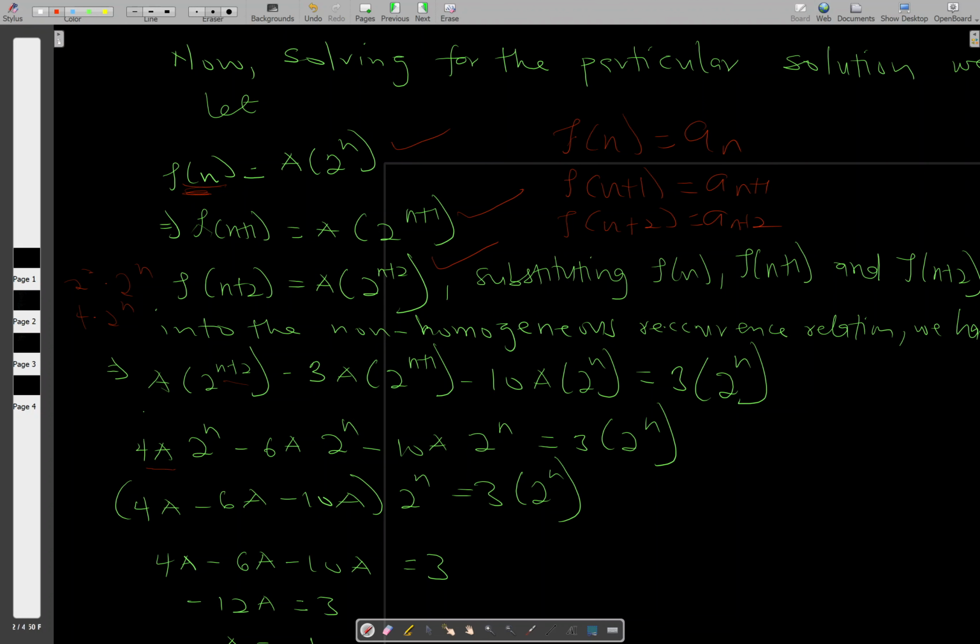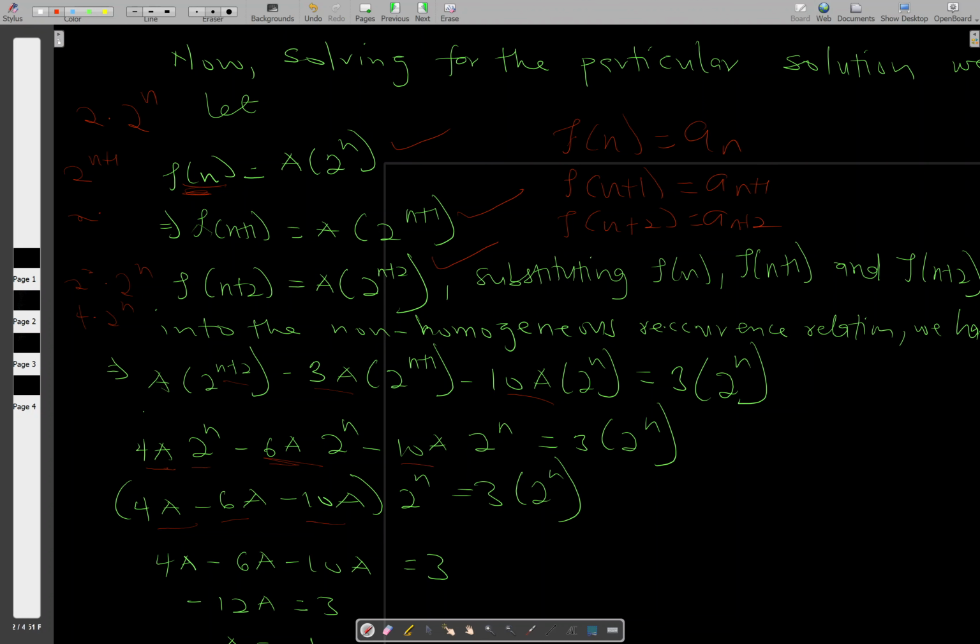And 2 exponent n plus 1 is just like 2 times 2 to the power n, so we multiply that 2 by the 3a, and that's how we obtain this 6a. Then the last term we have this. So in all we can factorize 2 to the power n out since it's a common factor. When we do that, we get 4a minus 6a, then also minus 10a.